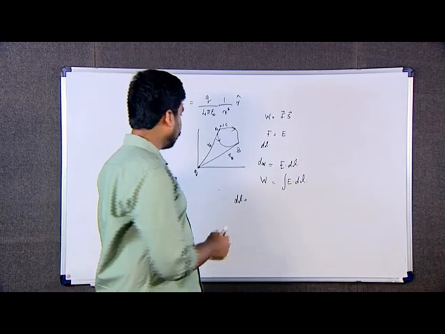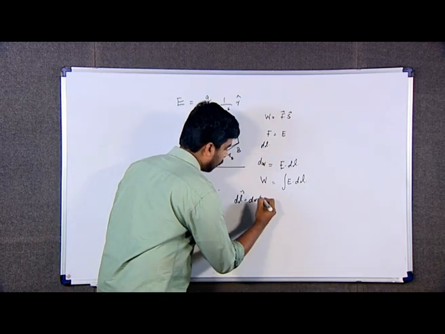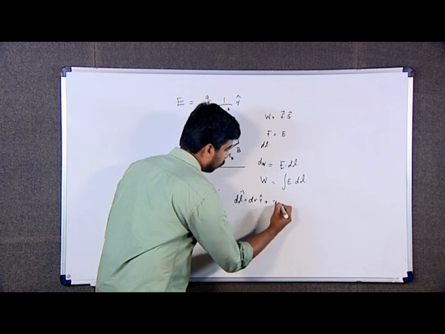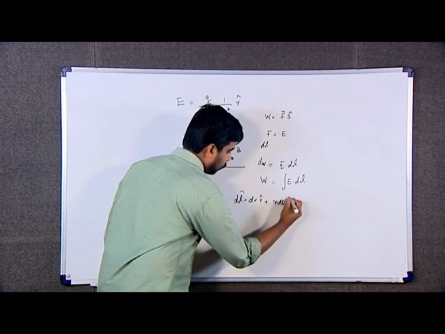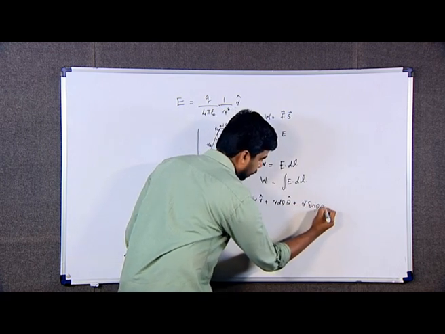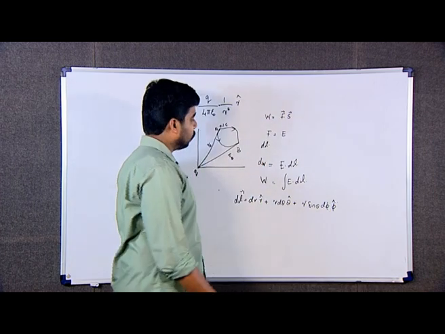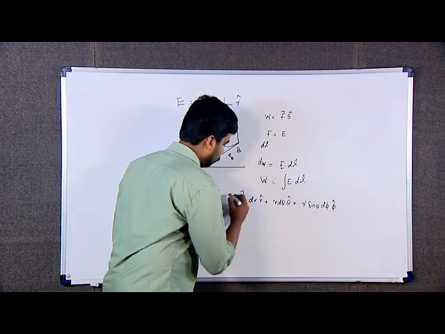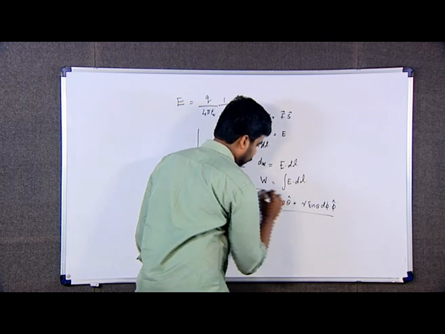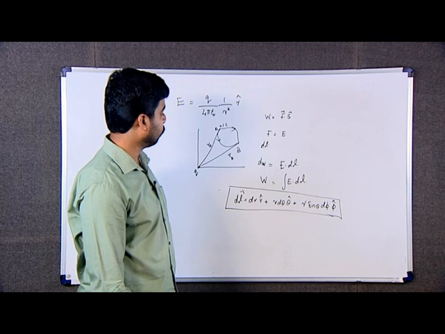So, we can write dl as dr r cap plus r d theta theta cap plus r sin theta d phi phi cap. This is the dl in spherical polar coordinate system.